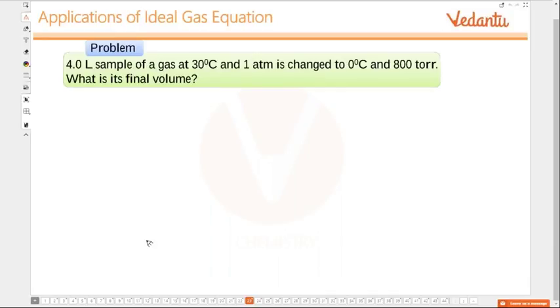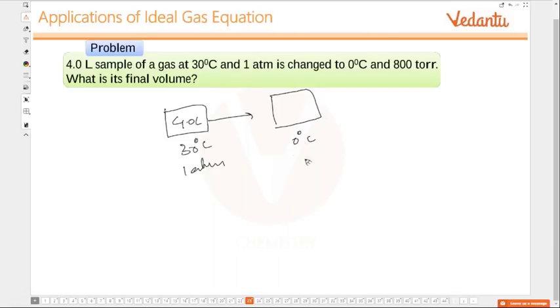A 4-liter sample of a gas at 30 degrees centigrade, 1 atmospheric pressure is changed to 0 degrees centigrade, 800 torr. What is the final volume? You have to convert either this into atmosphere or that into torr.